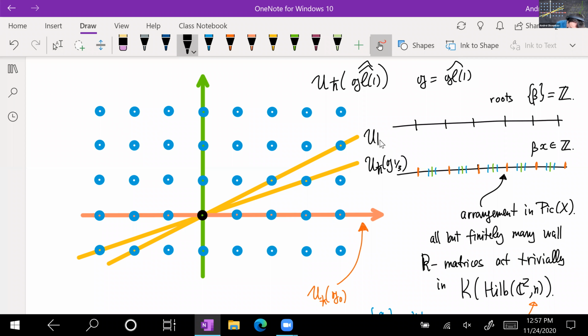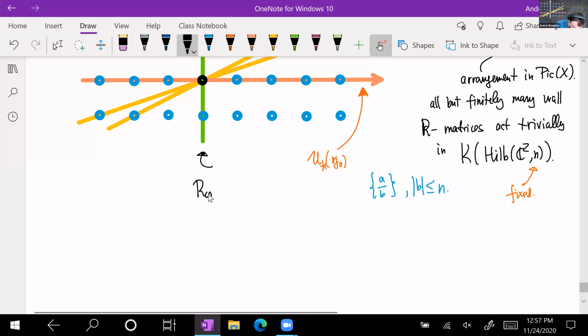Then there's U_h bar at slope 1/2, and so on. So each one of them is some subalgebra. And those guys correspond to the infinite slope. This is the R infinity in the Khoroshkin-Tolstoy factorization.